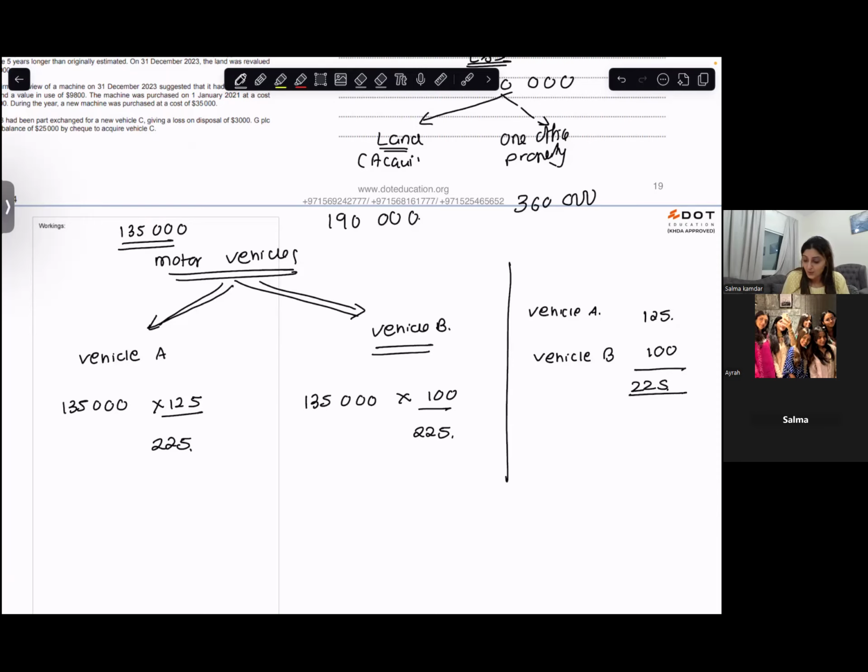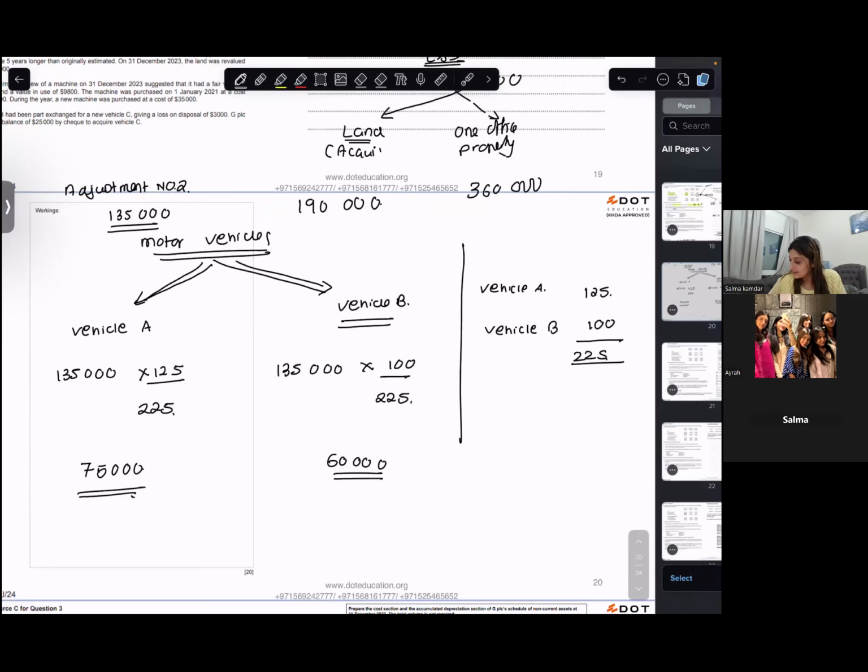So cost of vehicle A is 75,000, and cost of vehicle B would be 60,000, which is 135,000 minus 75,000. This is because of adjustment number 2. I hope you've done it along with me.